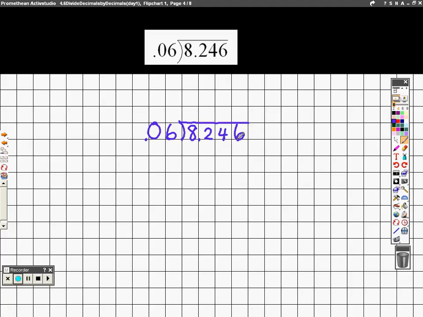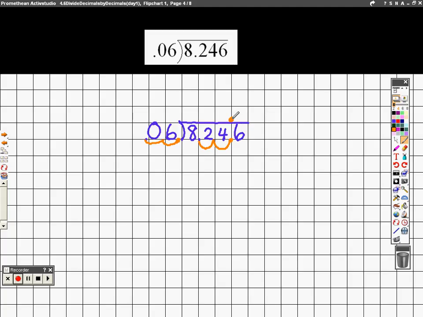My first step for this one is to make my divisor a whole number, and I need to multiply by 100, which is just like moving my decimal point twice. And what I do to my divisor, I need to do to my dividend. So I'm going to move my decimal point over twice and bring it up.